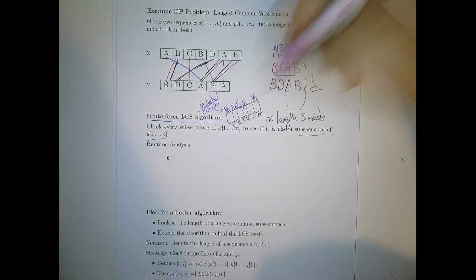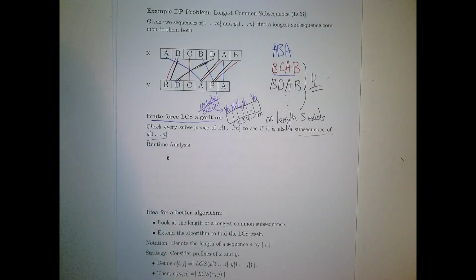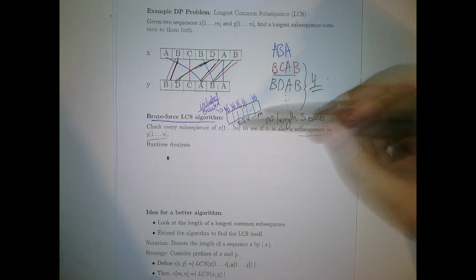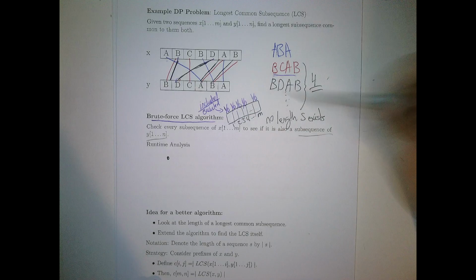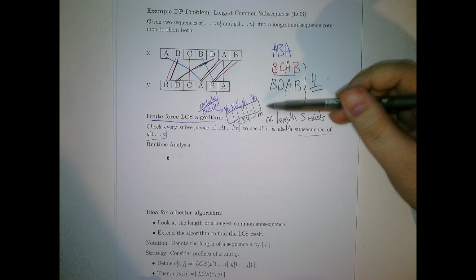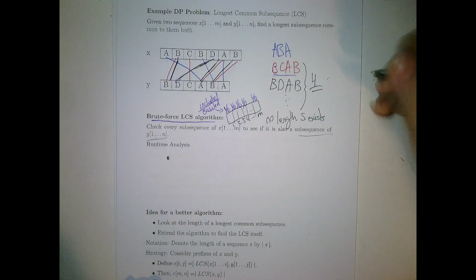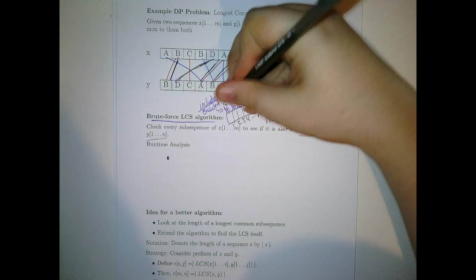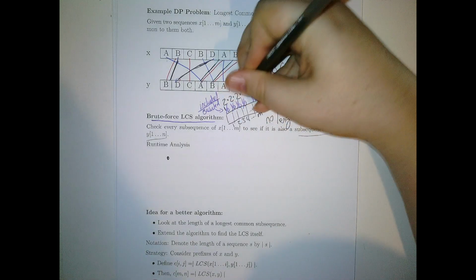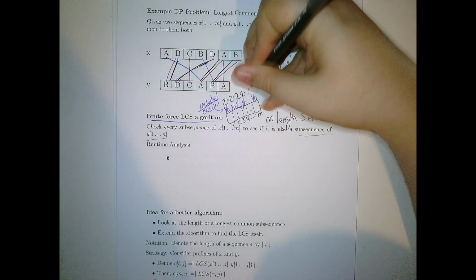So every letter, every character in your array has 2 possible states. It's either included in the subsequence or it's not included in a particular subsequence. AKA, you have 2 choices here, 2 choices here, 2 choices here, all the way down.